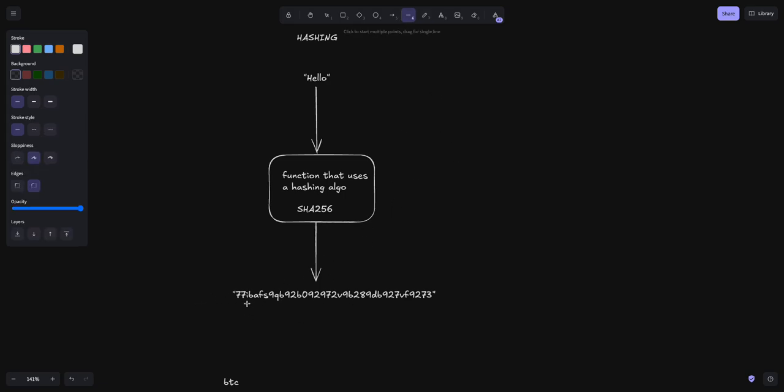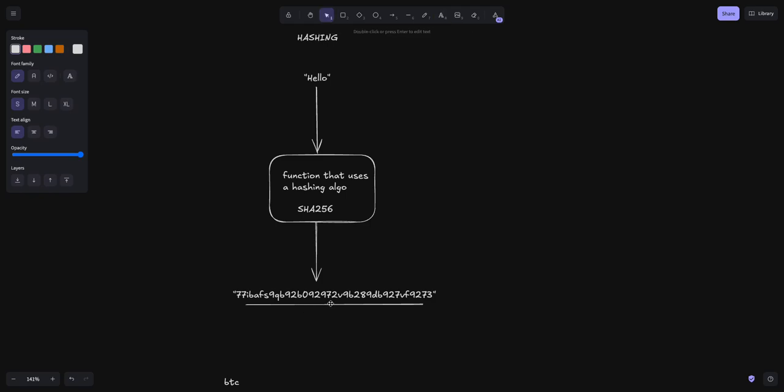The length of the output hash will always be constant. Doesn't matter if you pass just h or an entire paragraph of 200 words, the length is fixed, and in our case it is 64 characters. We will talk about this later, no need to worry, but you need to know that the length will always be constant.